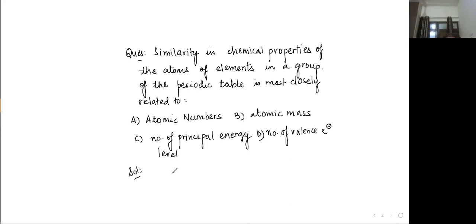The question says in a group, the similarity in the property will be because a group will have the same valence shell electrons. If the question is for a period, if any similarity is there in a period, then what is the same?